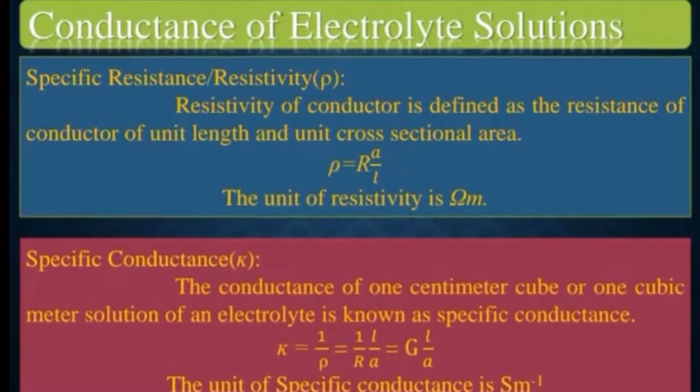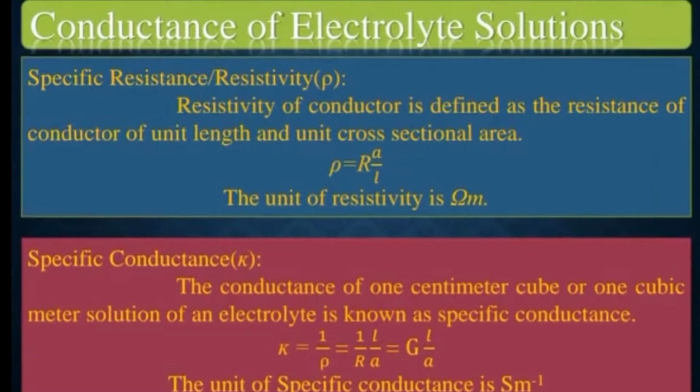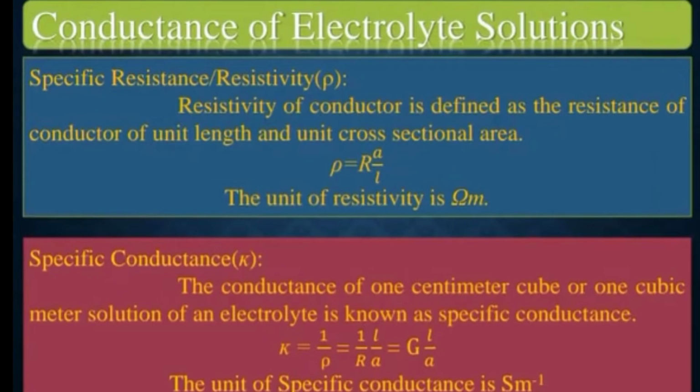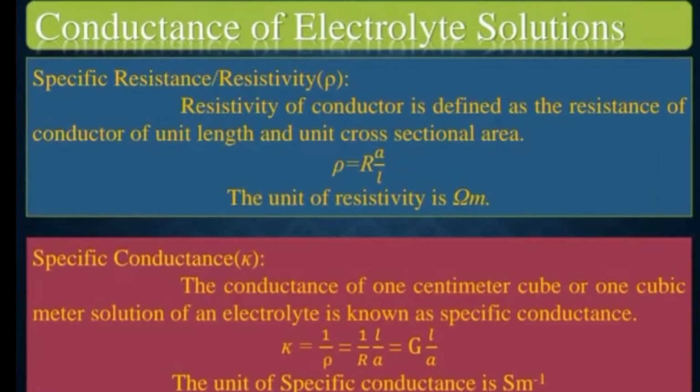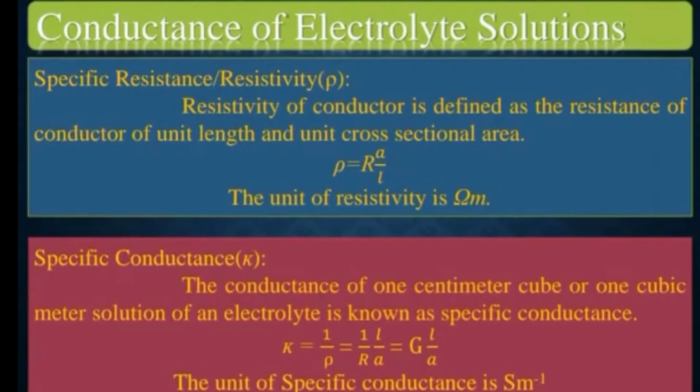Next is specific conductance. The conductance of 1 centimeter cube or 1 cubic meter solution of an electrolyte is known as specific conductance. It is denoted by K. Therefore, K is equal to 1 upon rho. We know the value of rho, so we put the value in this equation.